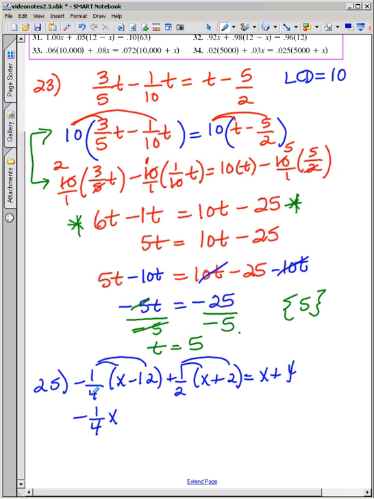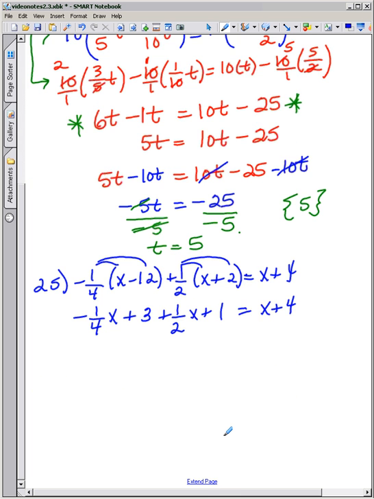Negative 1/4 times negative 12, realize that's plus, right? And then 4 goes into 12, so plus 3. Plus 1/2 times x plus 1/2 times 2, remember, 2 goes into 2 one time, just simply 1, is equal to x plus 4.